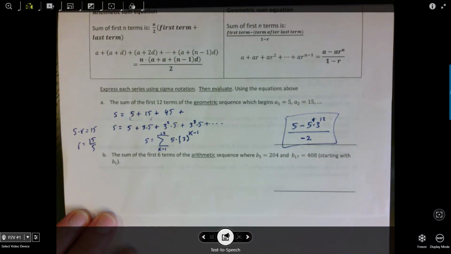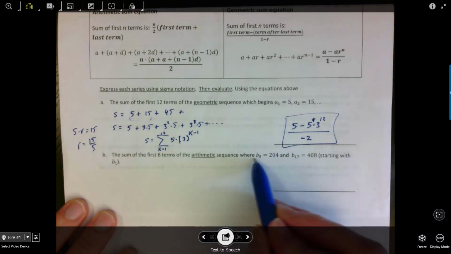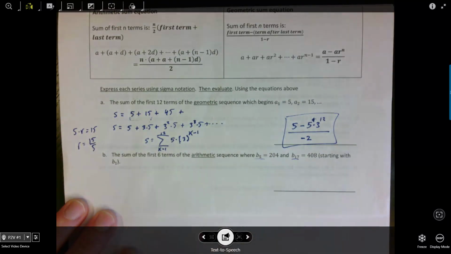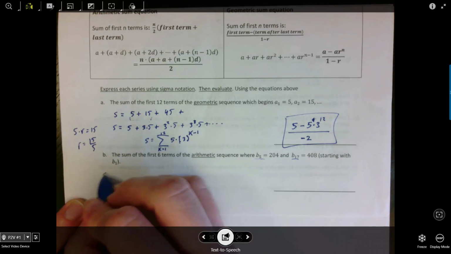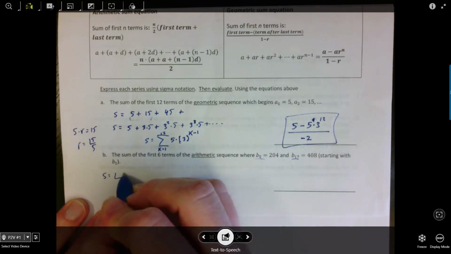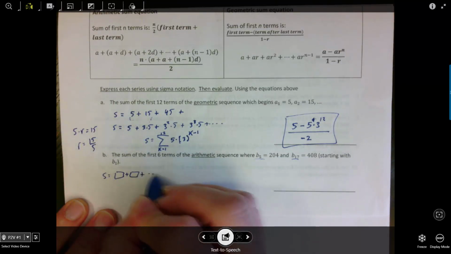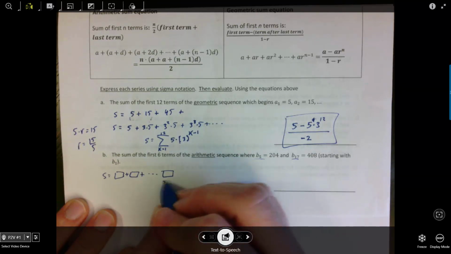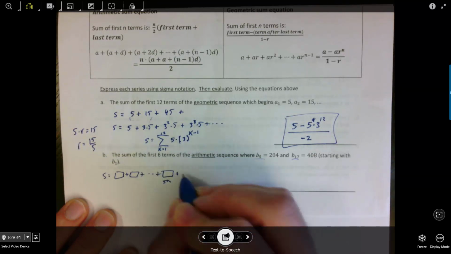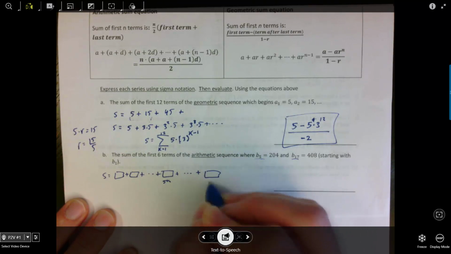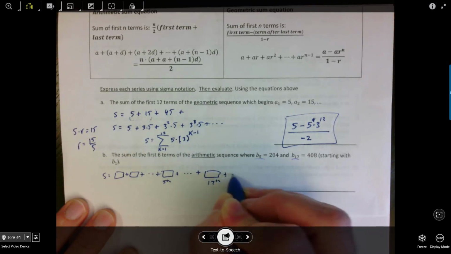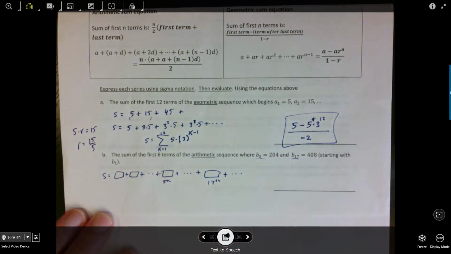All right, so an arithmetic sequence, and we're given the 5th term and the 17th term. So it's like we've got a bunch of terms, and then eventually we have the 5th term, and then much later we've got the 17th term, and potentially it could continue.